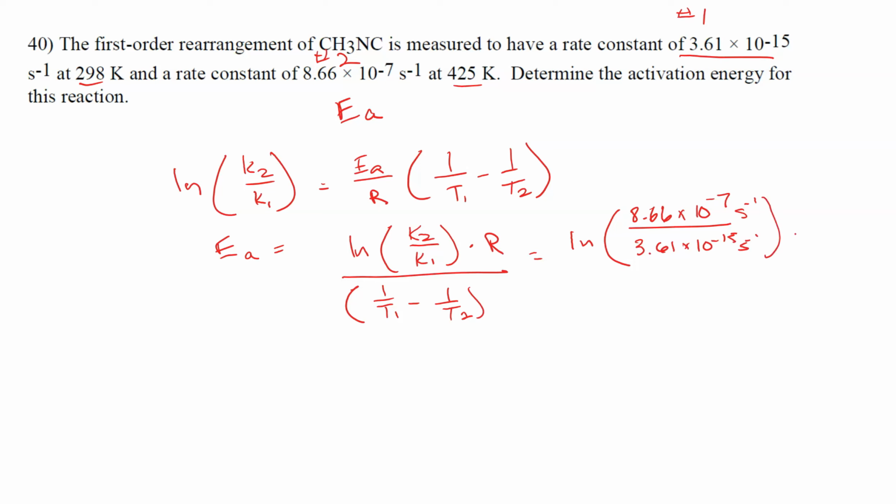And then that's going to be 8.314 joules per mole Kelvin. And then over here we have 1 over T1. T1 is 298 Kelvin minus 1 over 425 Kelvin for our T2. And then it's just crunching numbers.